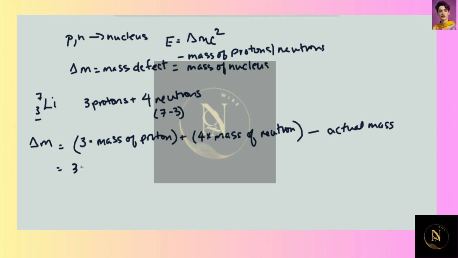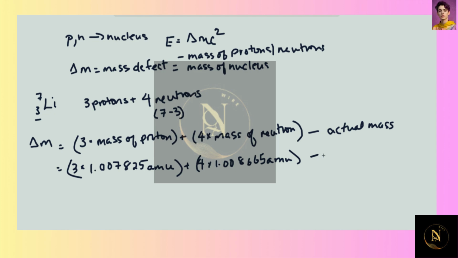So the mass of a proton is 1.007825 atomic mass units. And the mass of a neutron is 1.008665 atomic mass units.